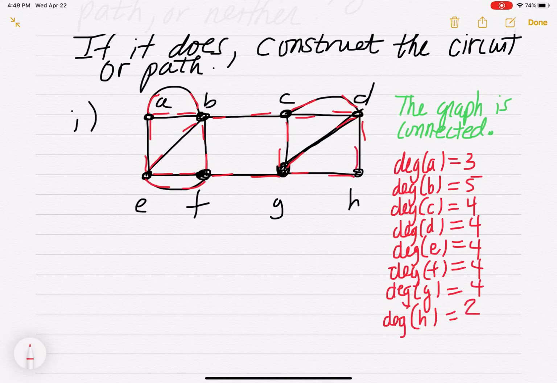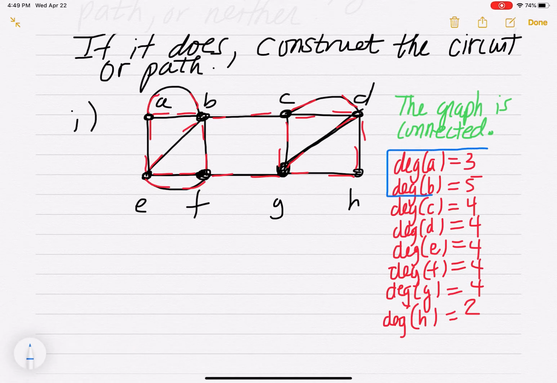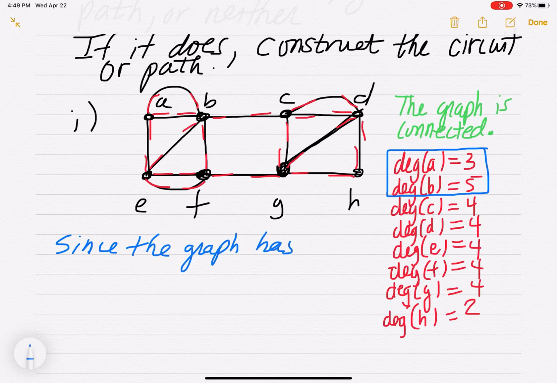So notice they're all even except the first two, right? A and B have an odd degree. So since the graph has 2 odd degree vertices, what can we conclude here? And the graph is connected, of course.